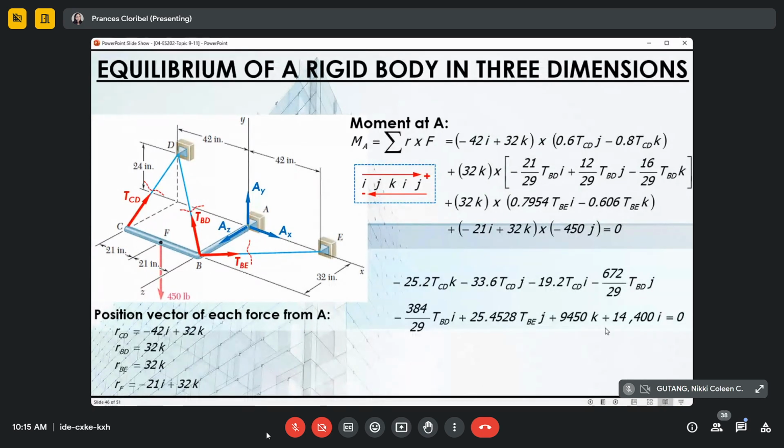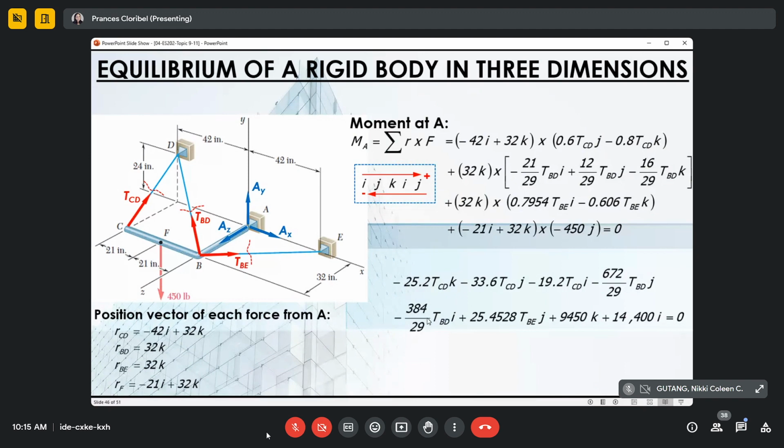So we have 9450 K. Next, K times J. KJ is negative I. Positive, negative, negative, so positive 14,400 I. So we distribute and multiply everything, and then equate to 0.